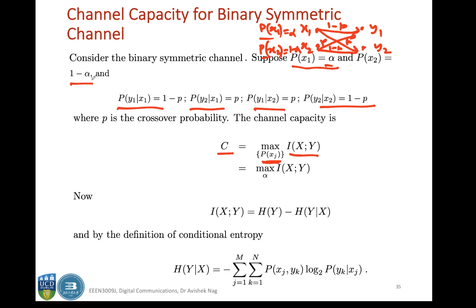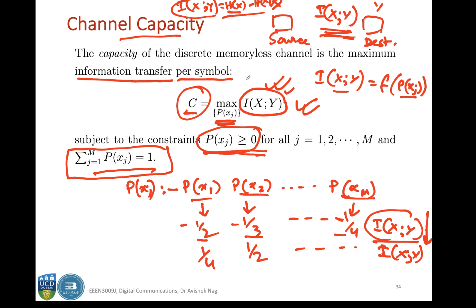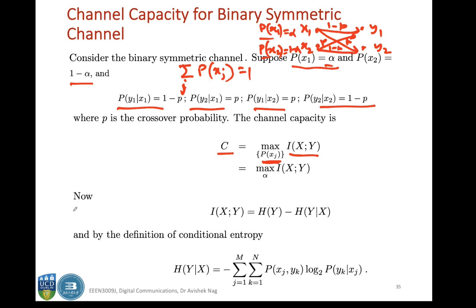Here you note that the constraint that the sum of all the input probabilities over all j is equal to 1, as per the condition in the previous slide, is already satisfied, because you have chosen them as alpha and 1 minus alpha.